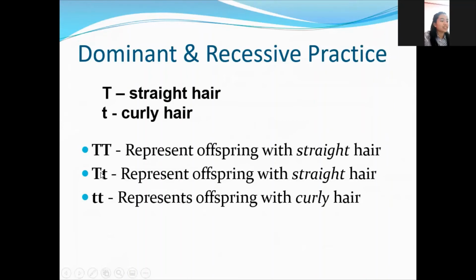But in their generation, you will expect that someone will be born with curly hair. It's because we have the small letter t here. Okay? And then represents offspring with a curly hair, ibig sabihin the small letter t and then the small letter t.